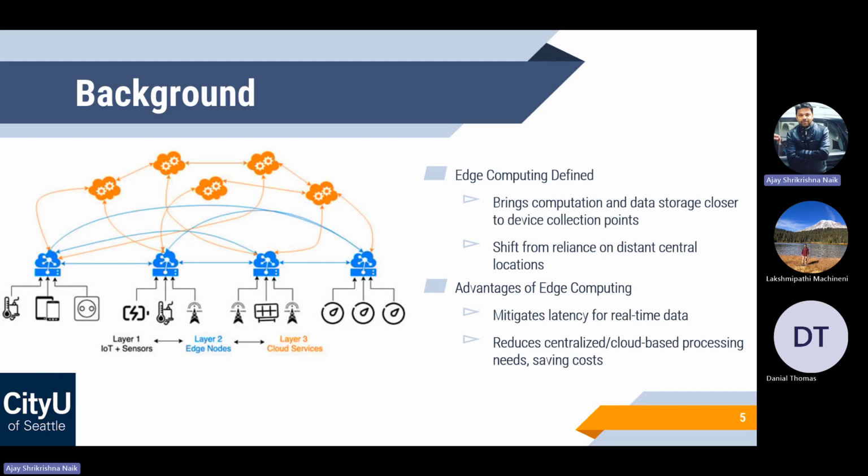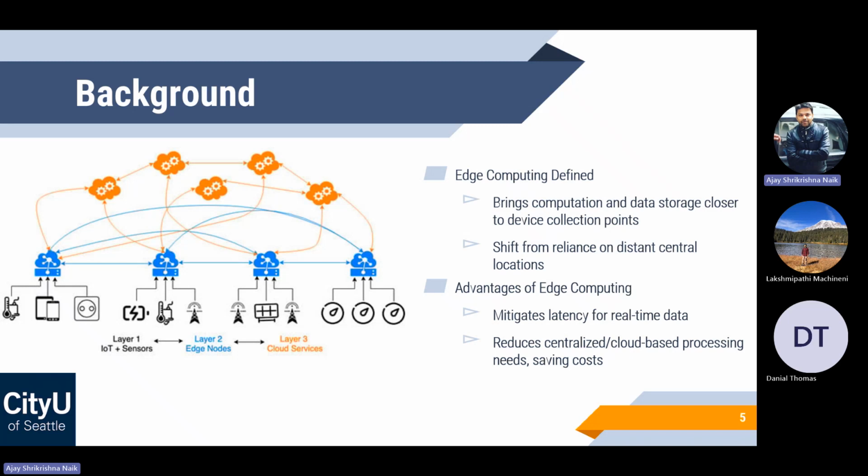On edge computing: currently a lot of software is deployed onto the cloud, which has some latency. If we use edge computing, the latency can be drastically reduced because it is close to the user.